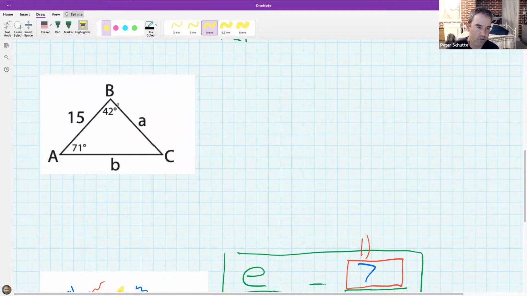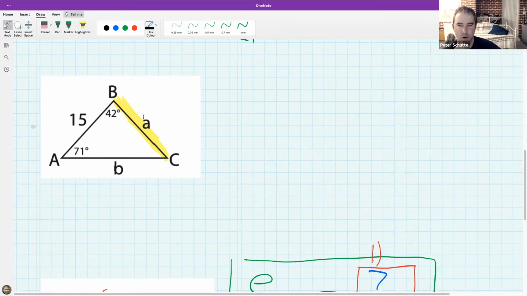I want you to find A. So this is a bit harder. I want you to use the sine rule to find A, and some of you will get a bit stuck, but just do the best you can, okay? Think about what we've done so far. How do we structure our use of the sine rule? So over to you guys.